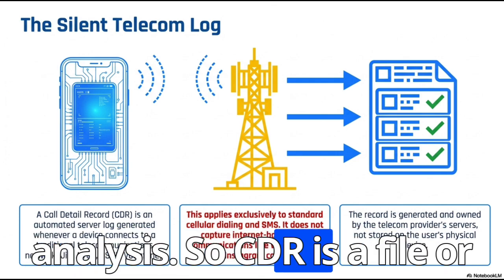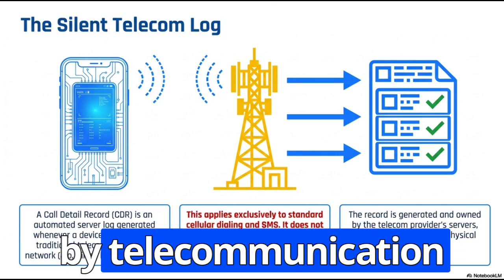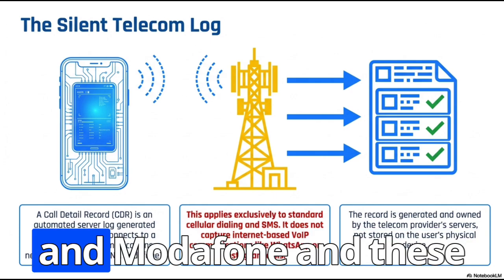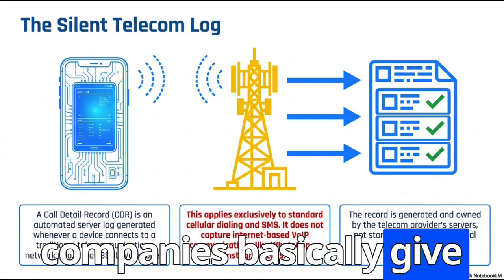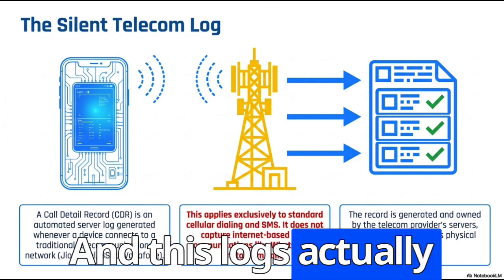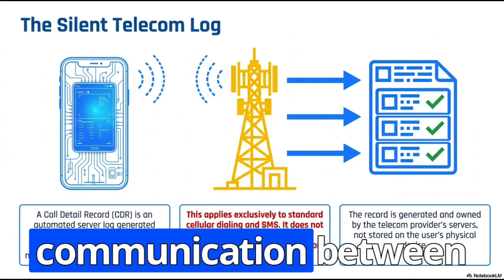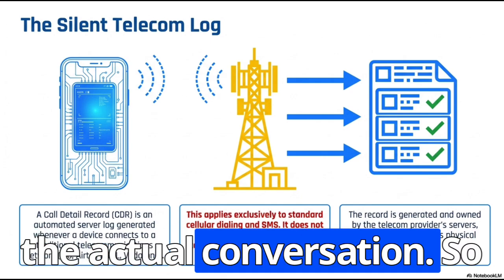So CDR is a file or a log that has been created by telecommunication companies or telecom companies like Jio, Airtel and Vodafone, and these companies basically give you a file of all the logs, and these logs actually contain detail about a phone number or communication between two devices, but it is not the actual conversation.